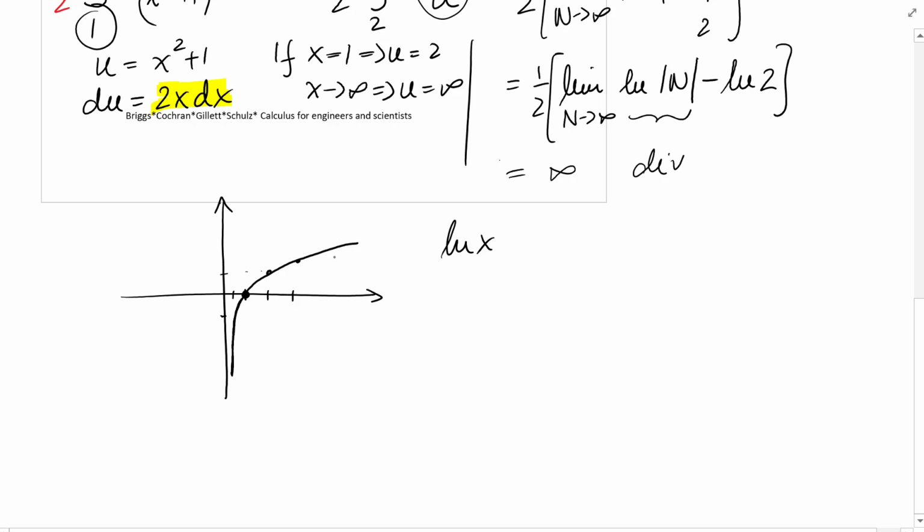As n approaches infinity, as it gets bigger and bigger, the value of ln approaches infinity. If I had to find the limit of ln of n as n approaches 0, for example, the value approaches negative infinity. Just something for the future.